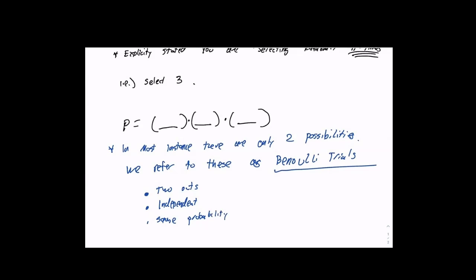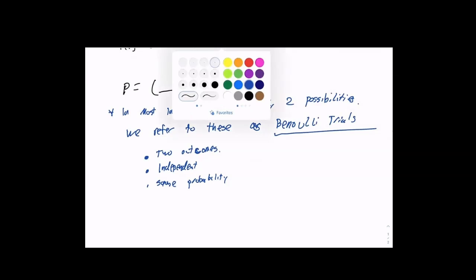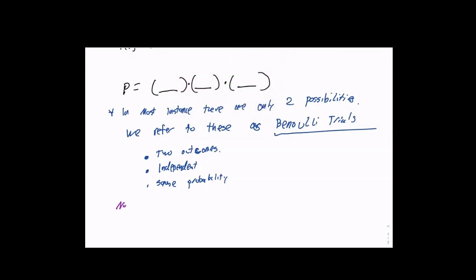Now, I know independent and same probability seem hand in hand in regards to it, but the probability of A is still the probability of A. Important note.